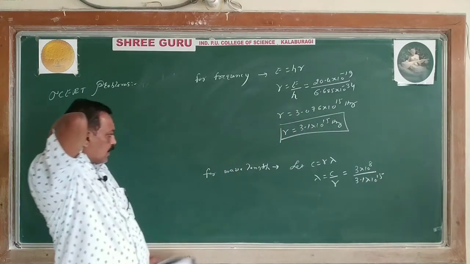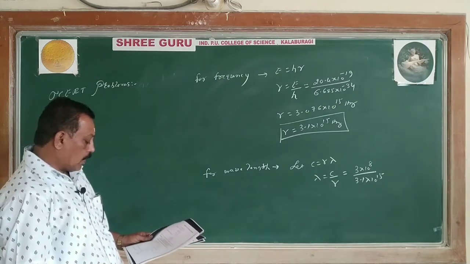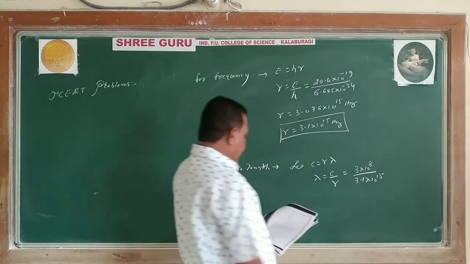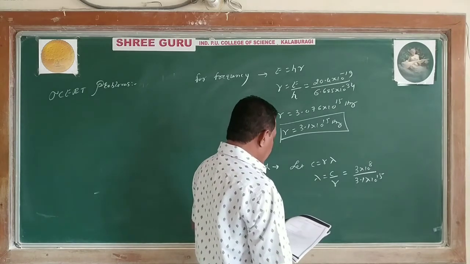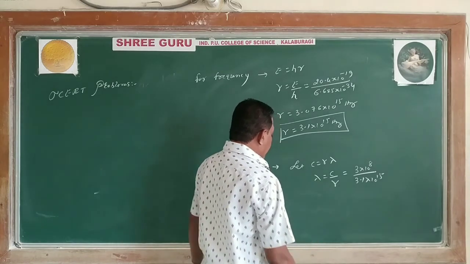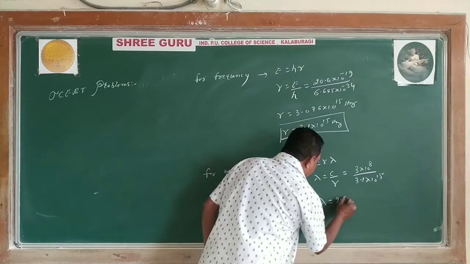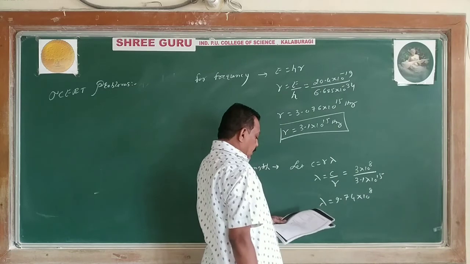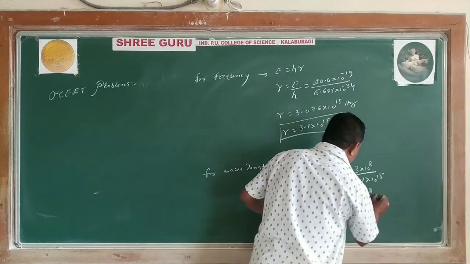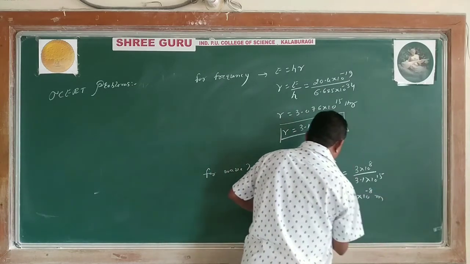So denominator is greater, that is less than 1, 0.9 something. So, right, shall I write 9.74 into 10 to the power of 8? ऊपर गया तो -8 मीटर.